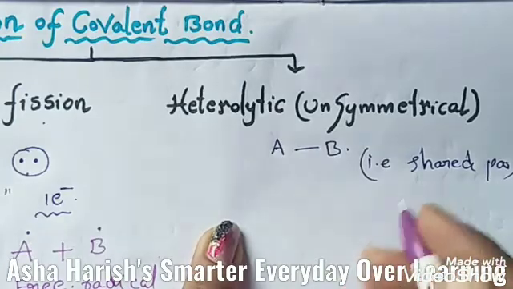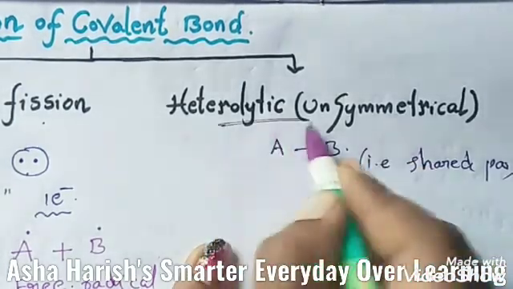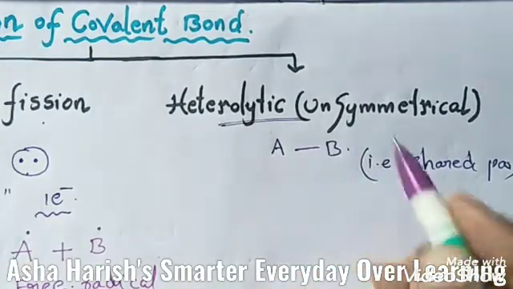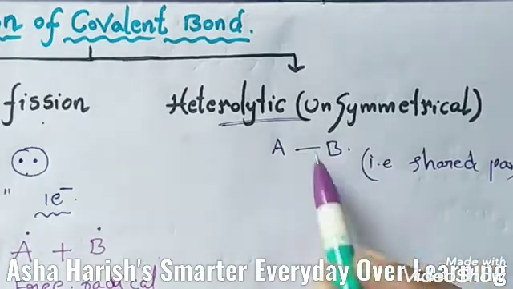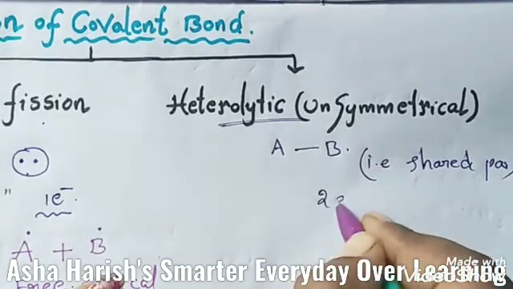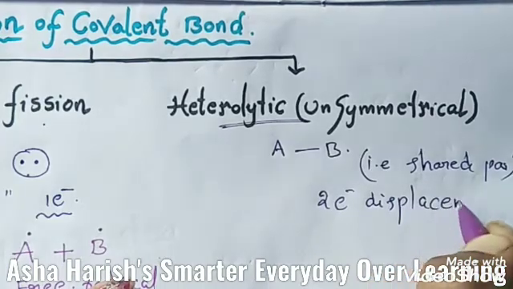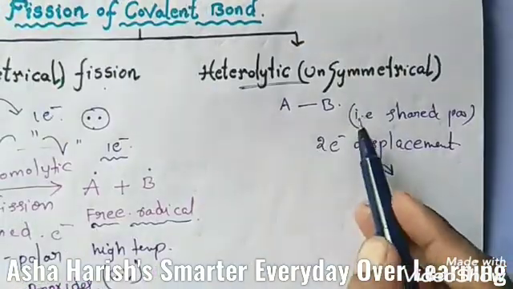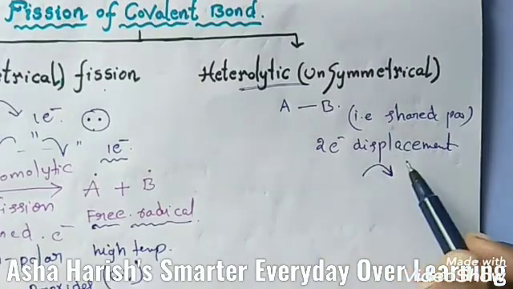This mode of bond cleavage is called heterolytic fission. Heterolytic fission is usually indicated by a curved arrow, which denotes a two electron displacement.